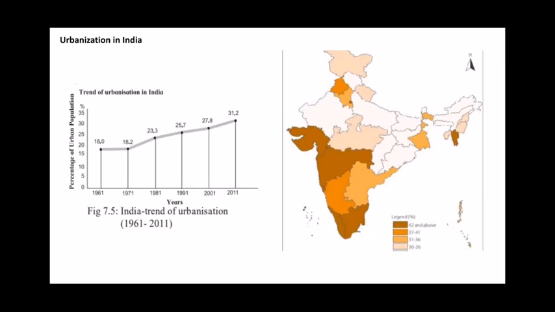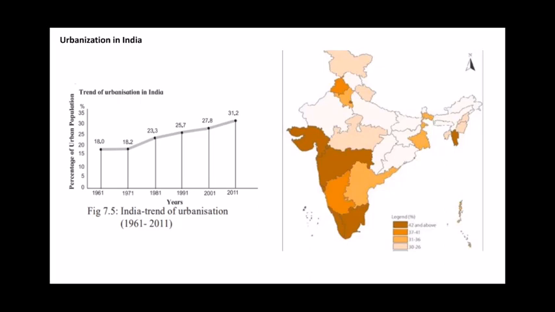So how did India turn into an urban center? Was it good? Was it fast? Was it slow? Let's have a look at this graph which shows the trend of urbanization in India. Children, if you look at this graph, you can see we have the years from 1961 to 2011.